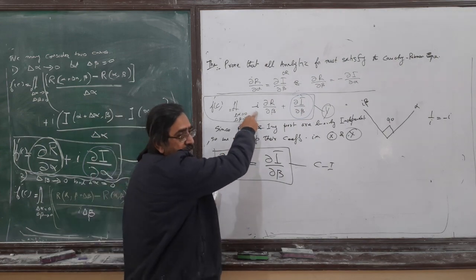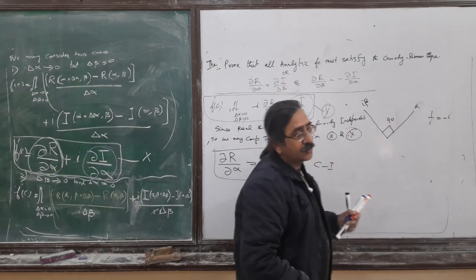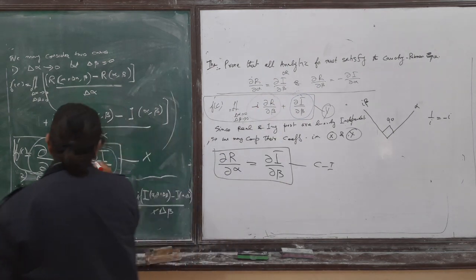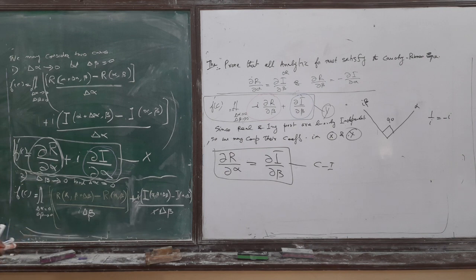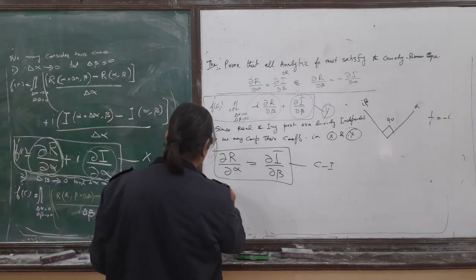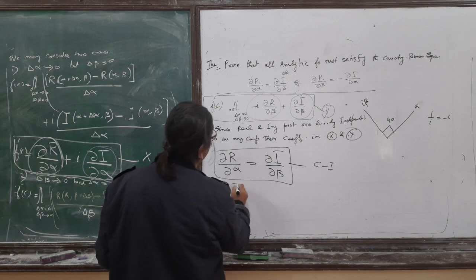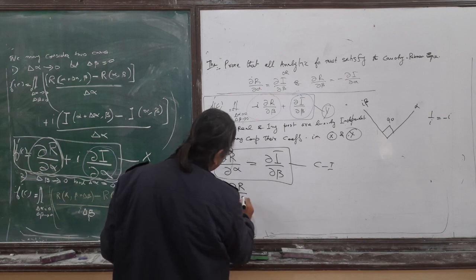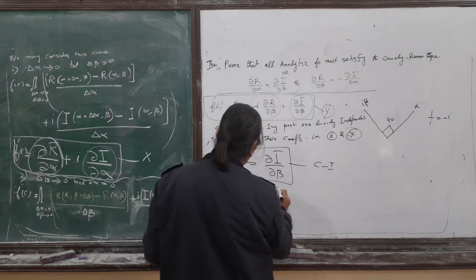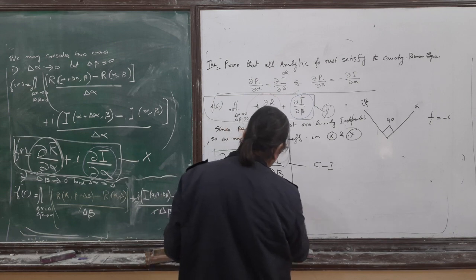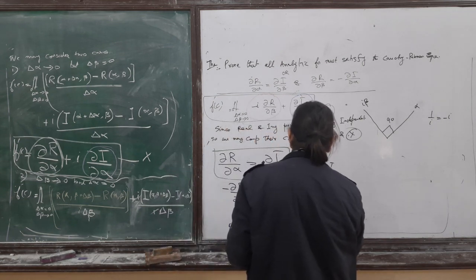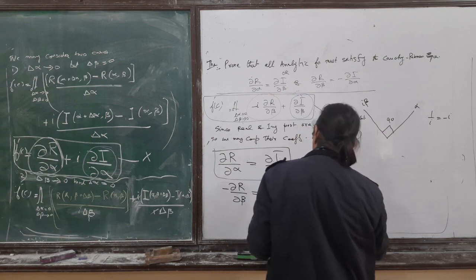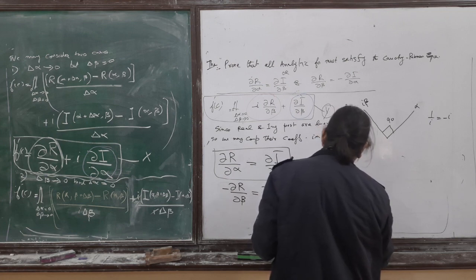That is one step. 1 over iota is minus iota. So this will be an imaginary part, so you may say that minus partial R over partial beta is equal to partial I over partial alpha, or you may say that partial R over partial beta is equal to minus partial I over partial alpha.